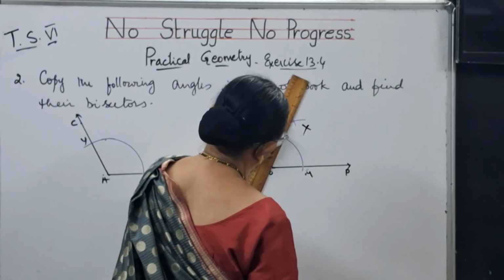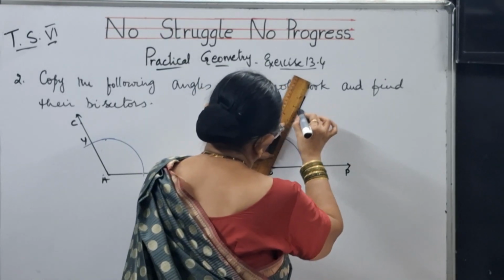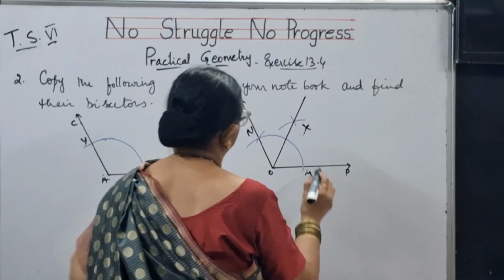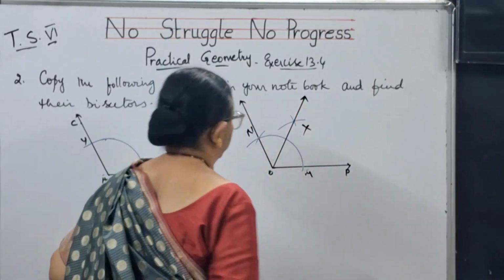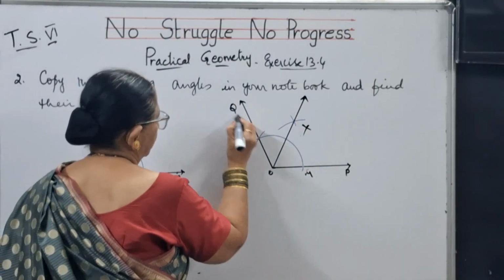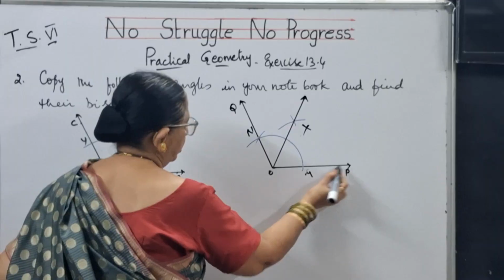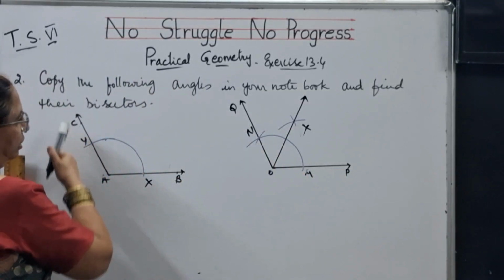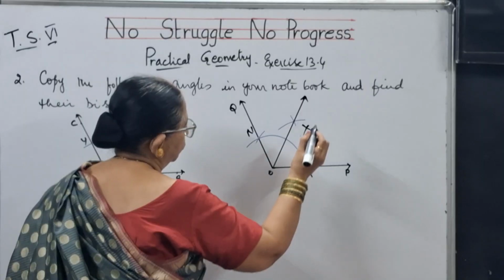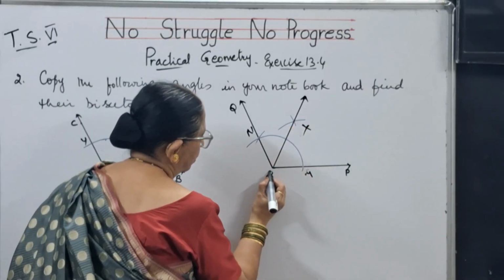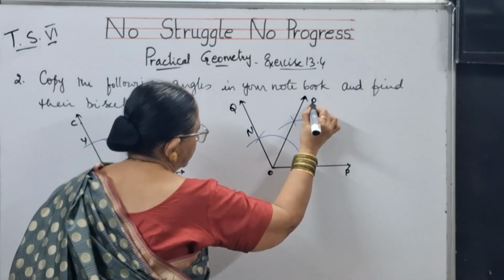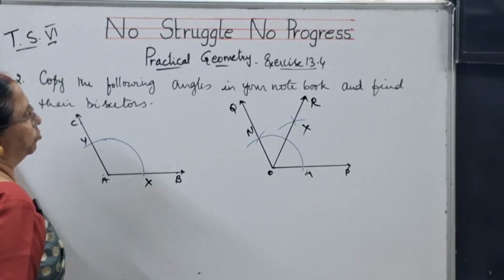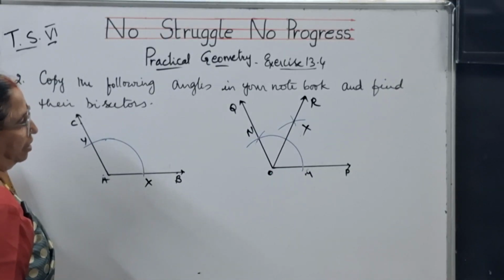Now join. POQ is the angle which is equal to angle BAC, and OX ray or OR ray is the bisector of this angle.